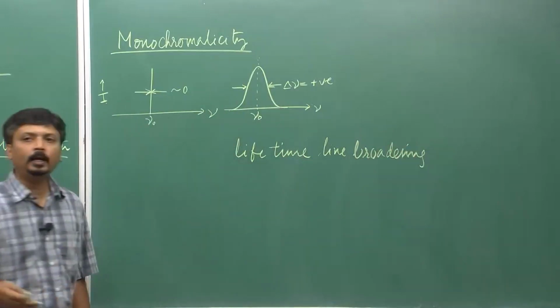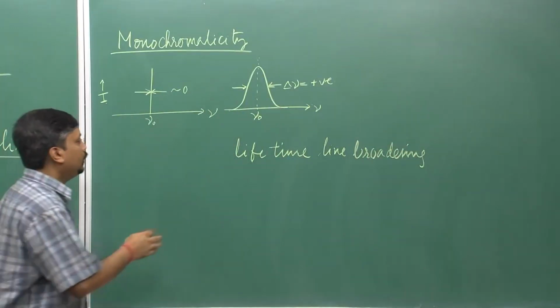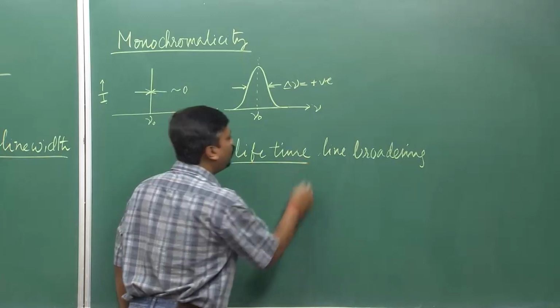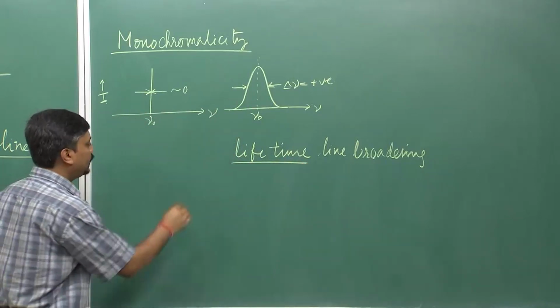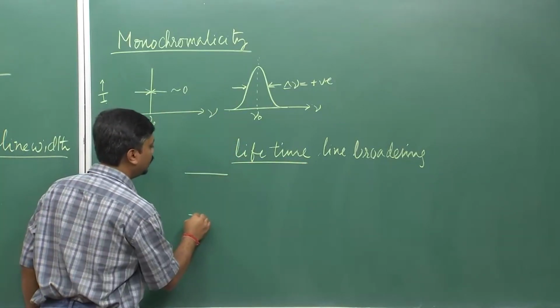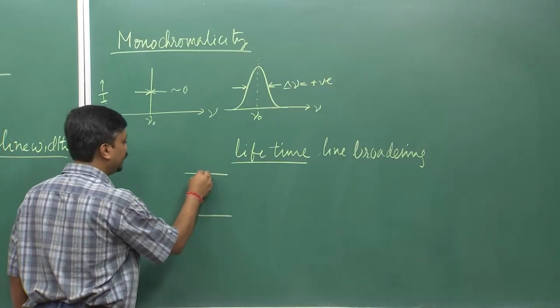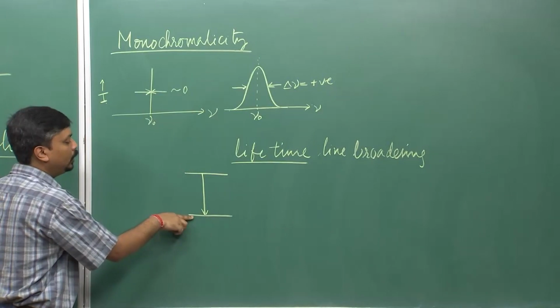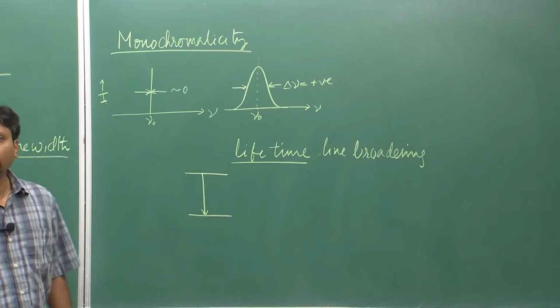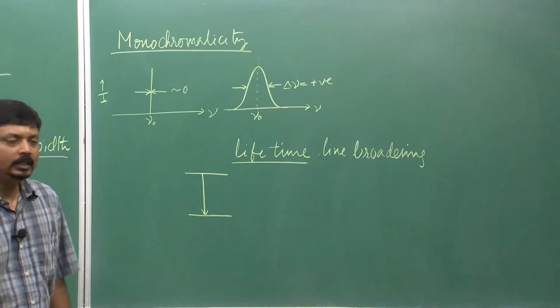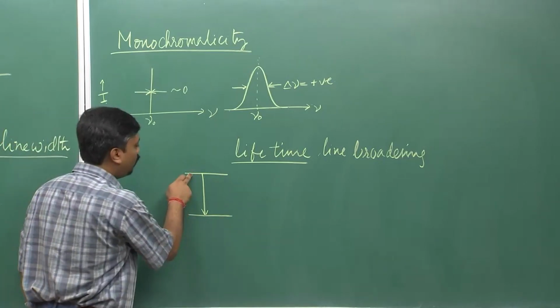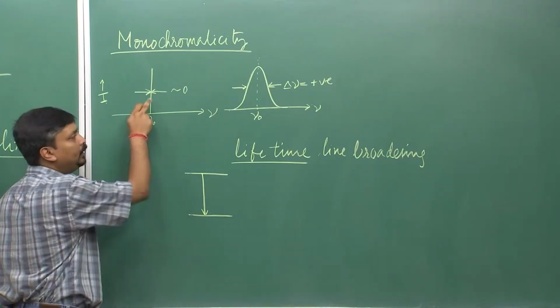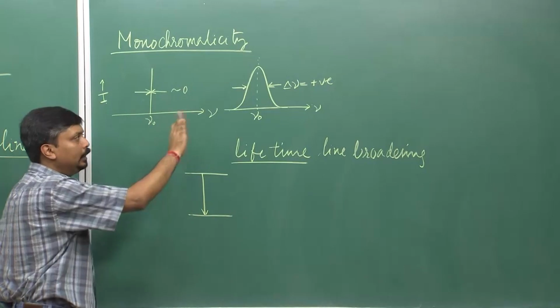From the name you can understand that this is related to the lifetime of an energy state. For example, if you are dealing with an emission spectrum, the molecule jumps from the upper state to the lower state to release a photon, and you get the corresponding spectrum. If it involves just these two states, I expect the spectrum to be a line, but it is not.